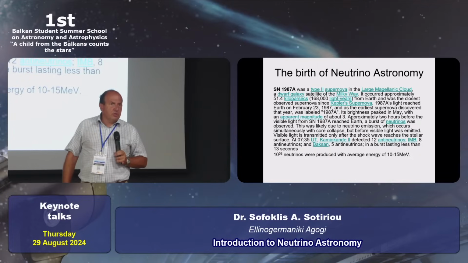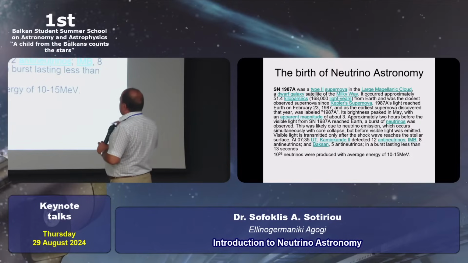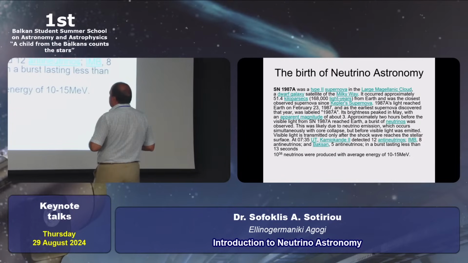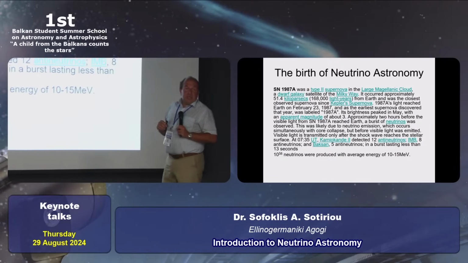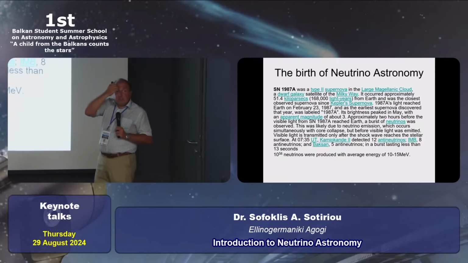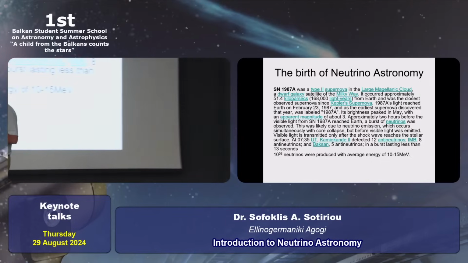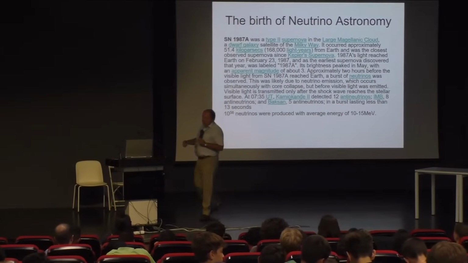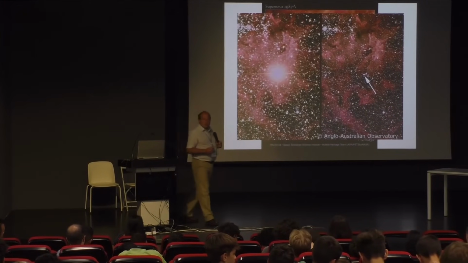So where are these neutrinos coming from? At the same time, in the other part of the hemisphere, as we said, in the southern hemisphere in Australia, the astronomers are observing this explosion, this supernova.